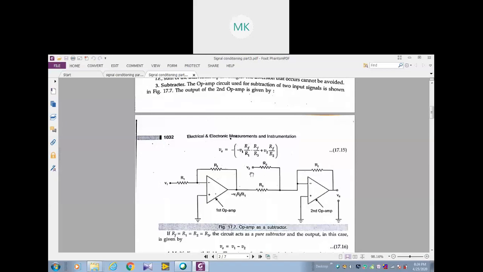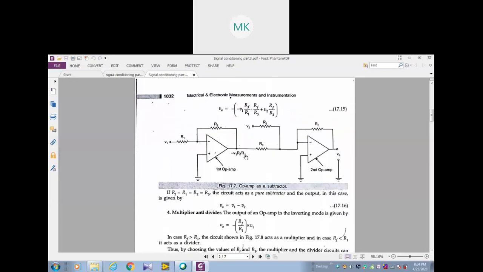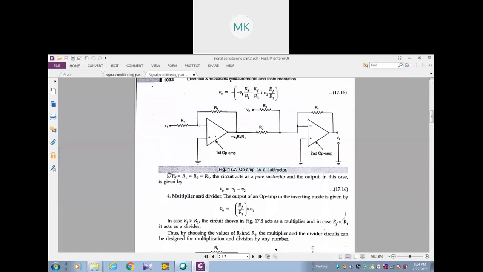Here we are adding two inputs, so it is an adder circuit, and we are getting the inverted input, that is minus. So we are subtracting the two inputs. VO equals the sum of these two; V2 is minus, so we get minus of that. If RF, R1, R2, R3 are all the same, then it acts as a pure subtractor. So VO equals V1 minus V2.